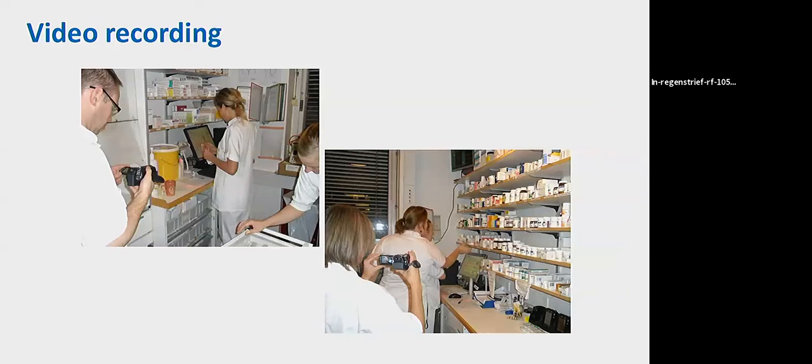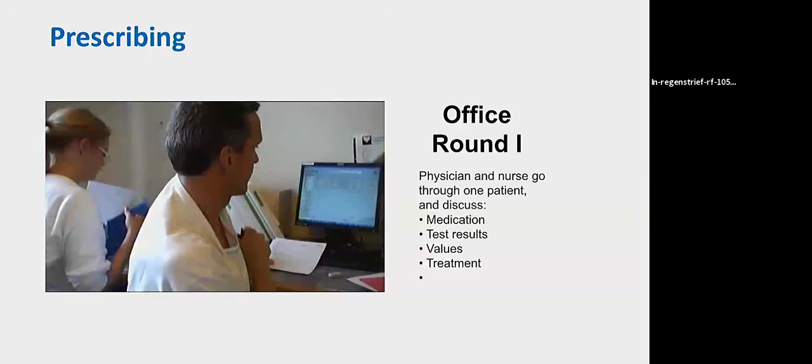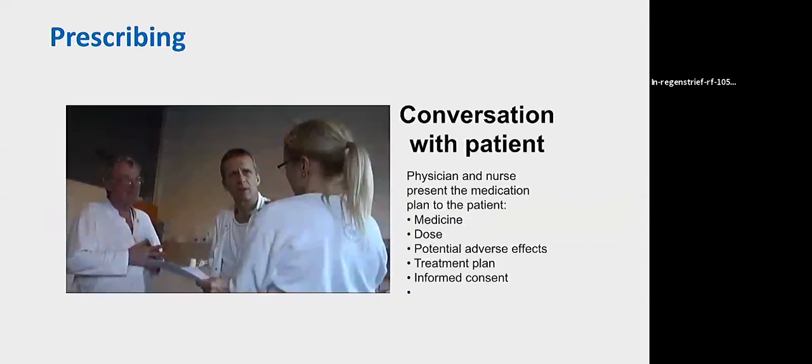But we followed them for a full day. They start out with a kind of board round in the office where they use the blackboard and do priorities and so on. We see how they discuss the prescriptions on the computer system. Then they go to talk to the patient, and this is where we can see that a decision definitely is made.